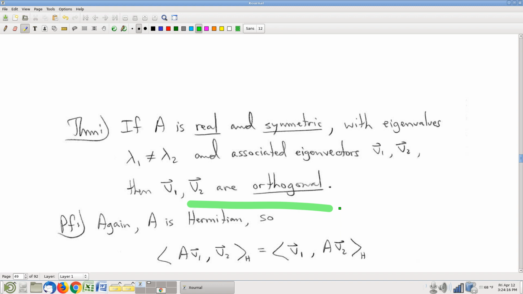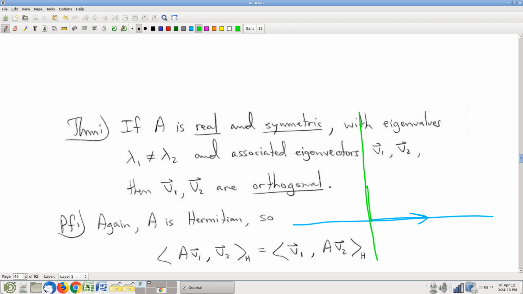Now, I just want to very briefly talk about what I mean by that. When I say the eigenvectors are orthogonal, I mean this eigenvector, for example, in that eigenspace, and this eigenvector in that eigenspace. When we say orthogonal, I mean that these are orthogonal. What, of course, I don't mean, this would be silly, I am not suggesting that these two eigenvectors are orthogonal.